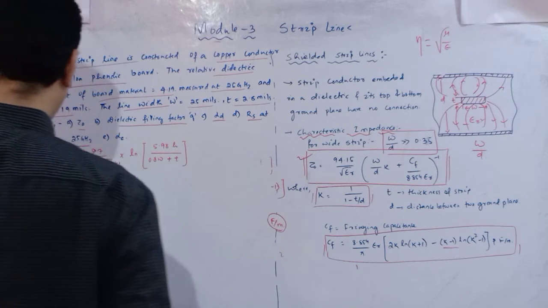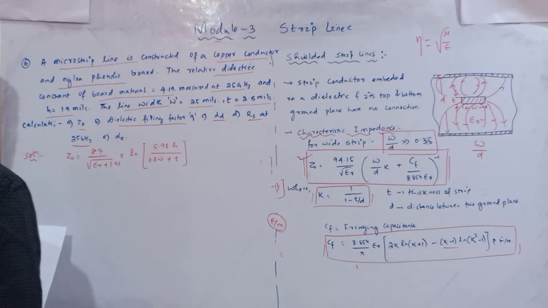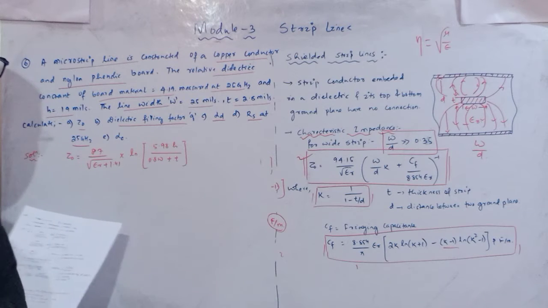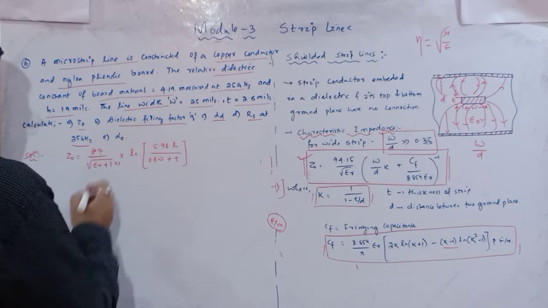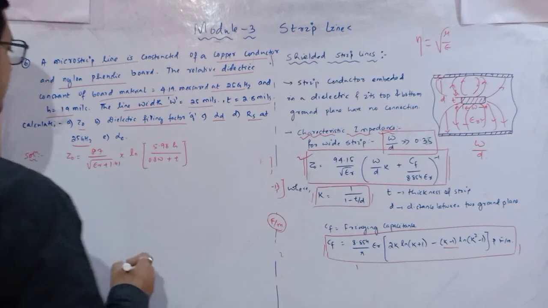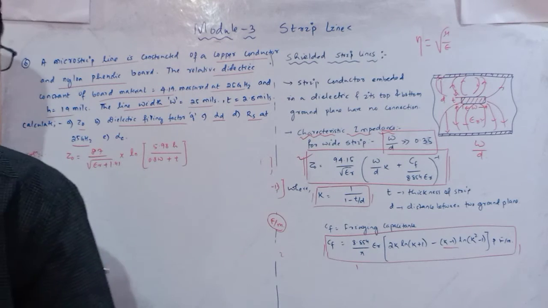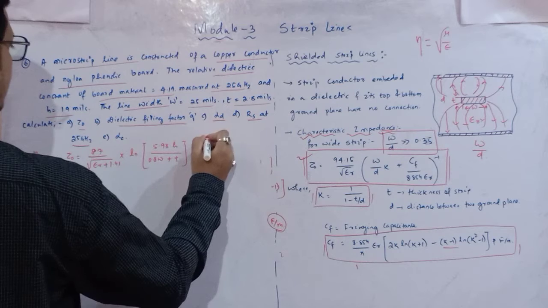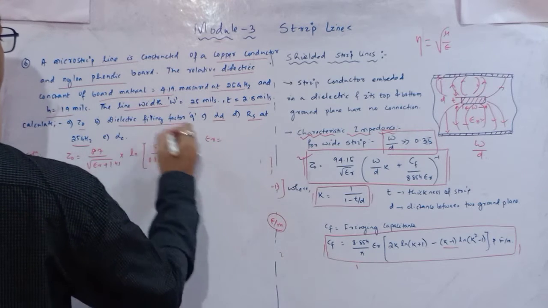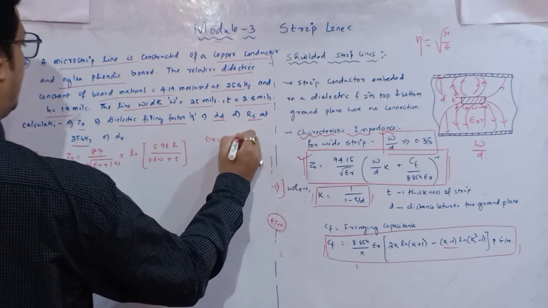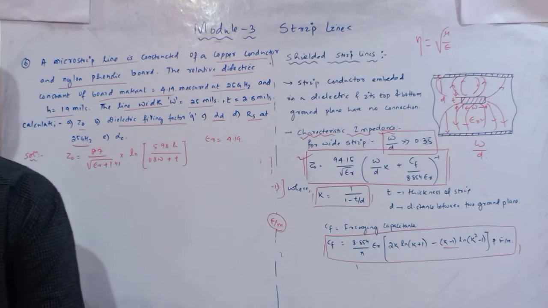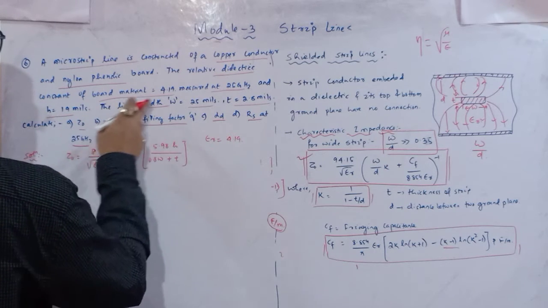Whatever values are given, you have to substitute here. This epsilon r we identify with the help of the relative permittivity. Epsilon r is given as 4.19, so directly it is 4.19.